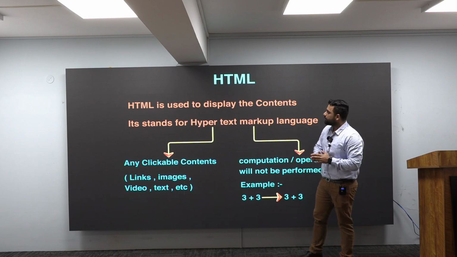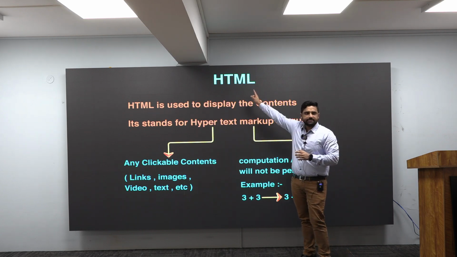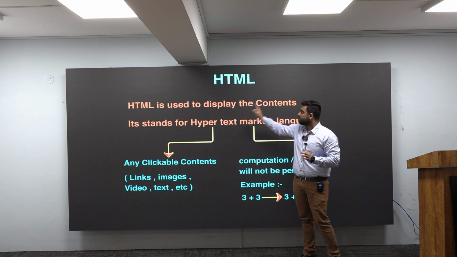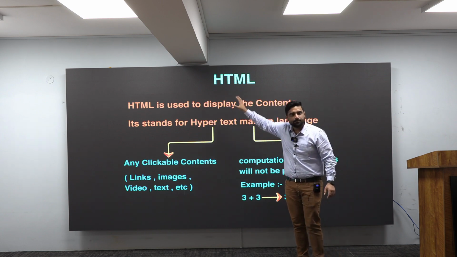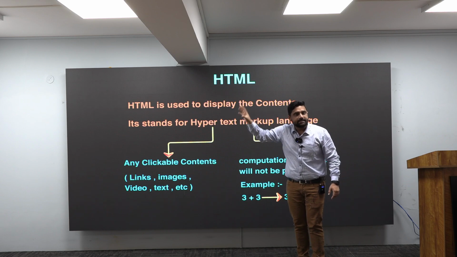Now one more time. What is the use of HTML here? It is used to display content. Content in the form of text, video, image, anything. Understand? What does it stand for? Hypertext Markup Language.